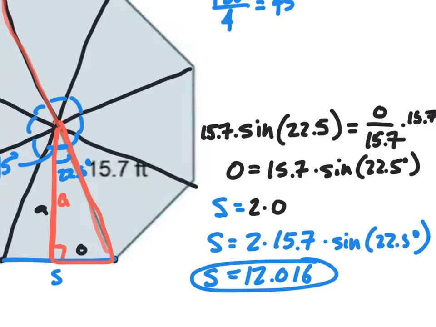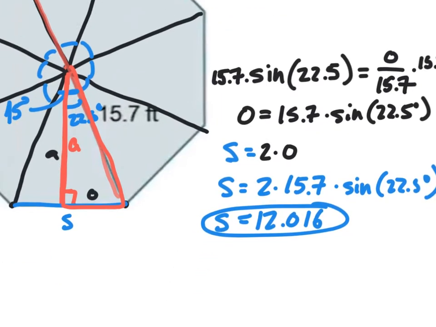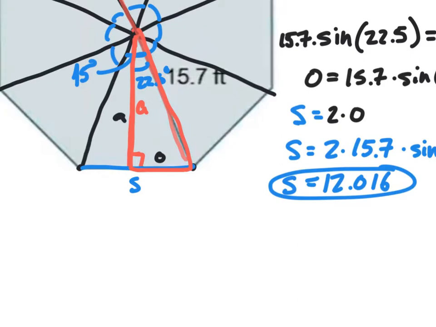Now I can do the same thing to figure out my apothem length as well. If I use my apothem, I'm going to use cosine, adjacent and hypotenuse. So cosine of 22.5 degrees is equal to the adjacent side divided by 15.7.